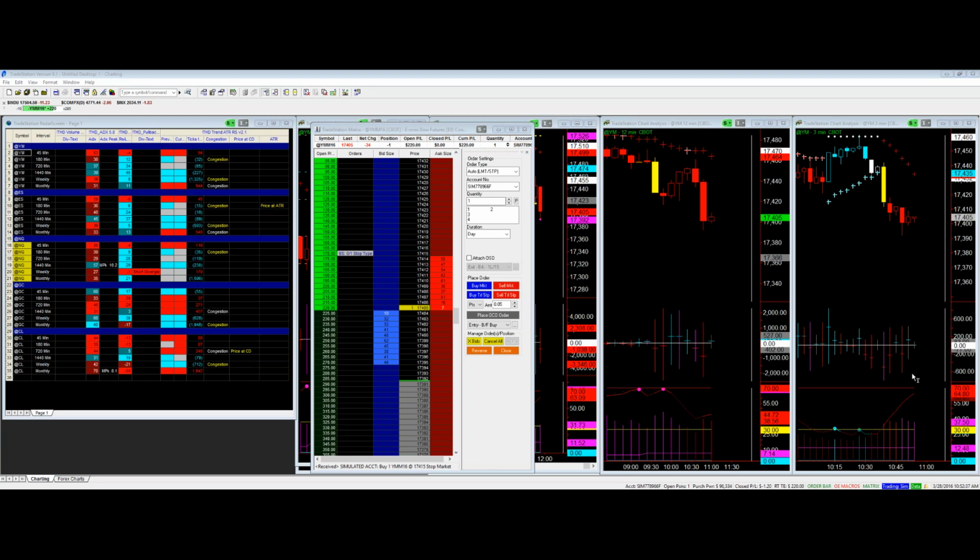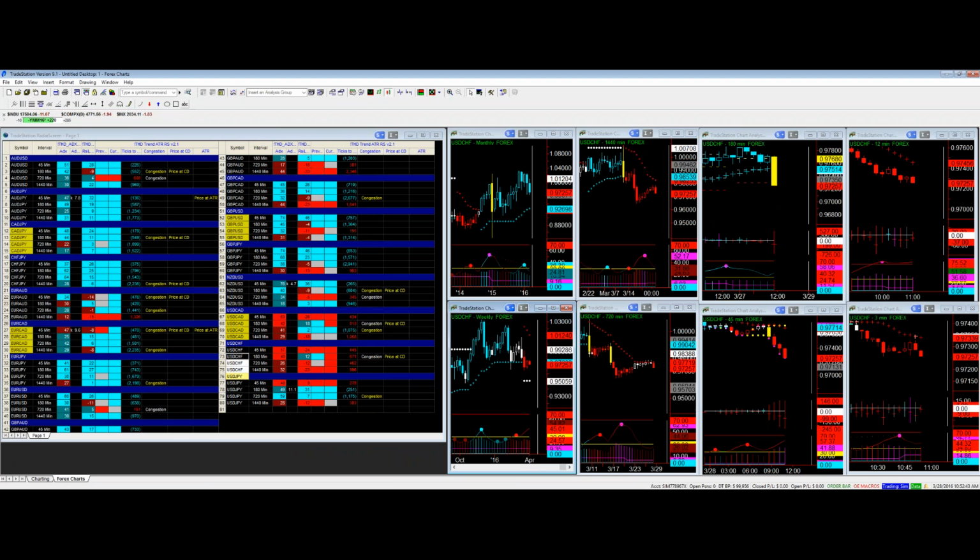We may get a magenta peak on the 3-minute. That's going to trigger that stop, just to let you know. Is there anything else that's coming up on Forex?